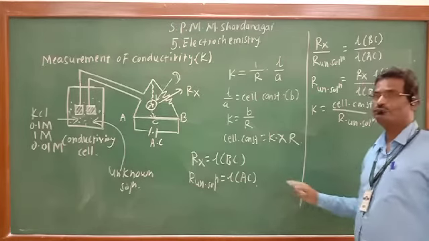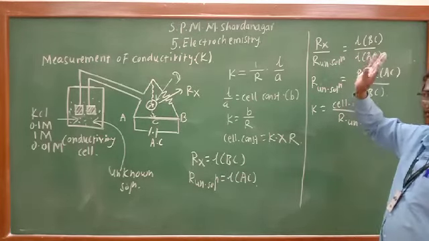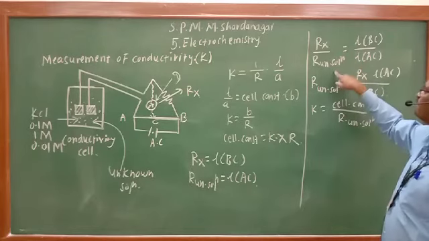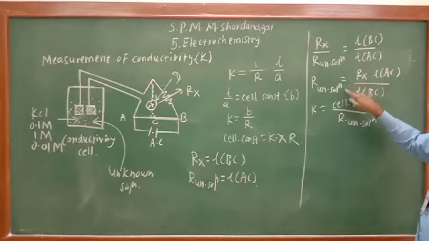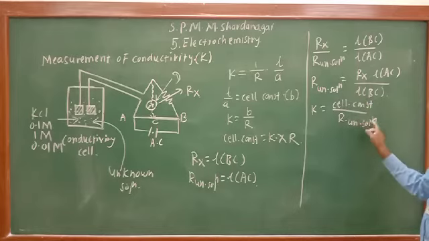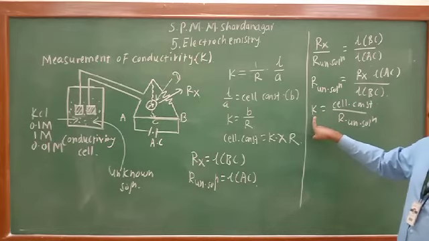Taking their ratio, because apparatus is same and all constants are same, Rx upon R of unknown solution is equal to length BC upon AC. So by this equation, we can calculate the resistance of unknown solution. So resistance is known, cell constant is known, conductivity K can be calculated.